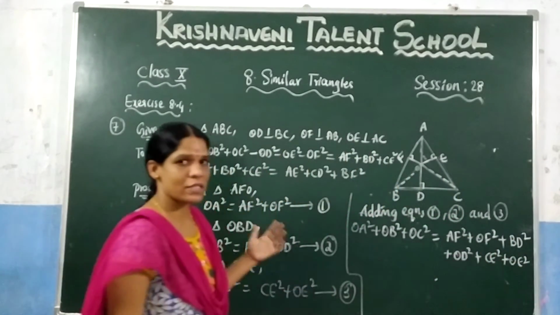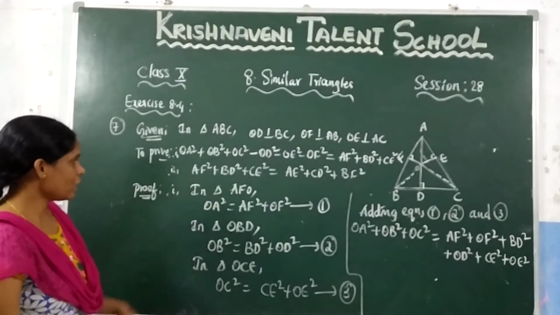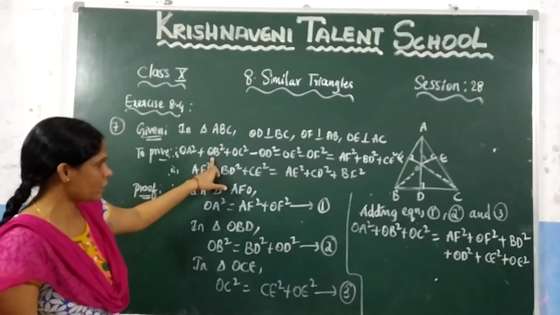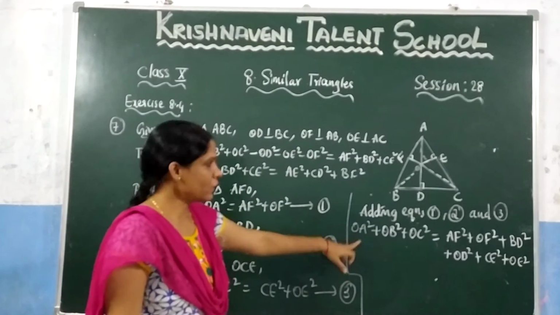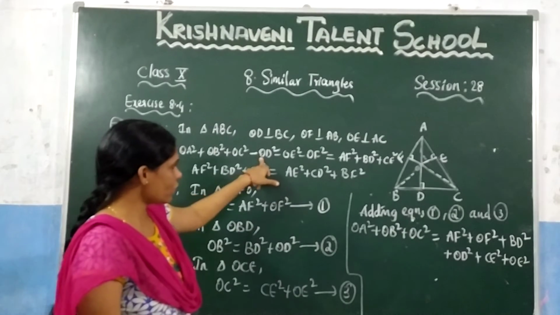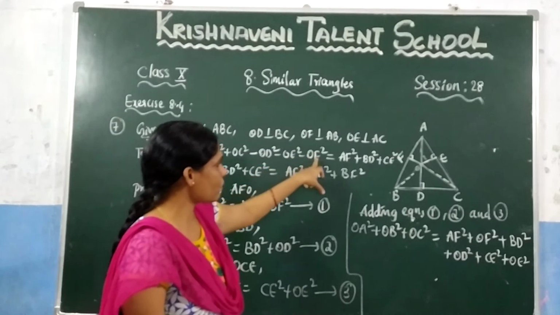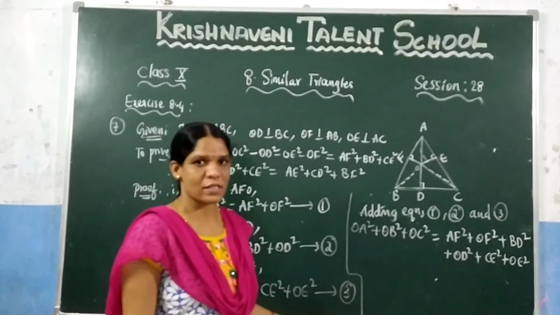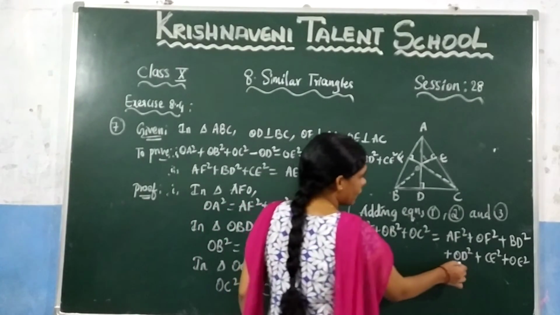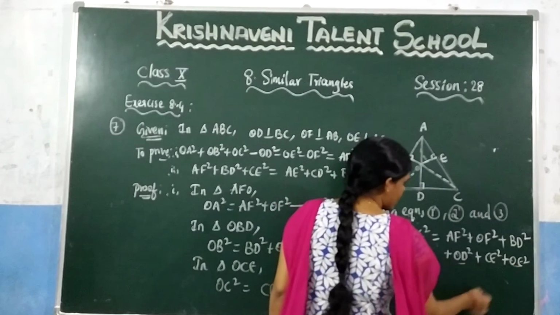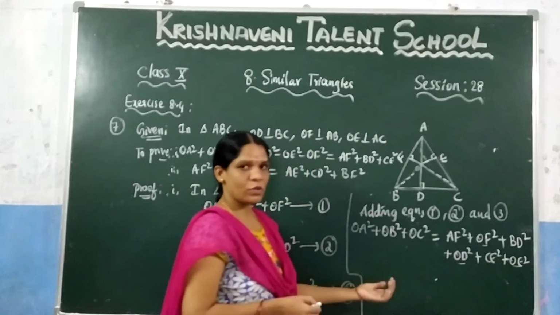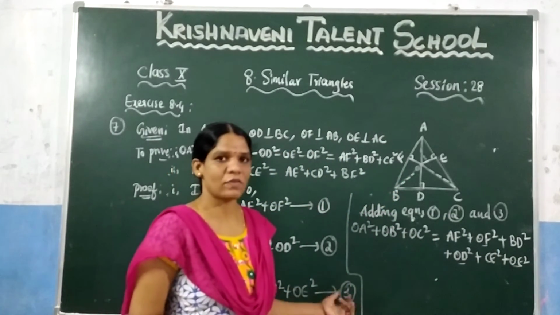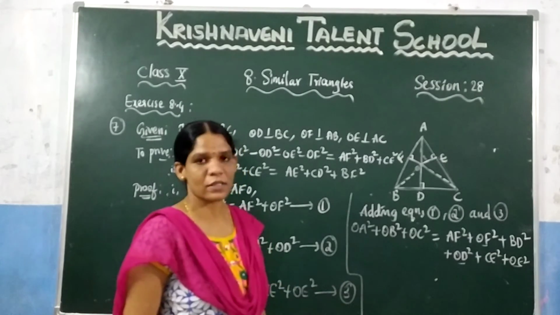Now let us see what we need to prove again. Here we got OA square plus OB square plus OC square, and here what is there? Minus OD square minus OE square minus OF square. That means you need to take those values to the left hand side. If you take OD square, OE square, OF square to the left hand side, they become minus because they are positive.